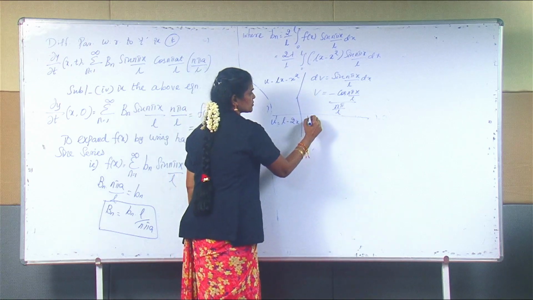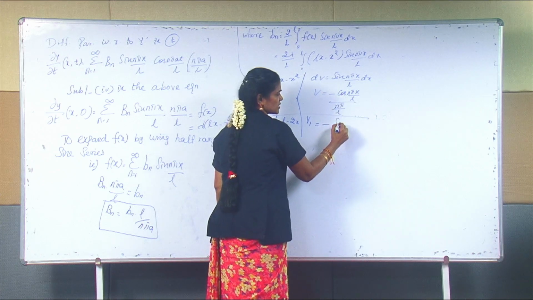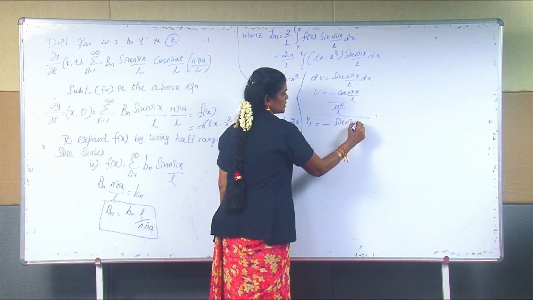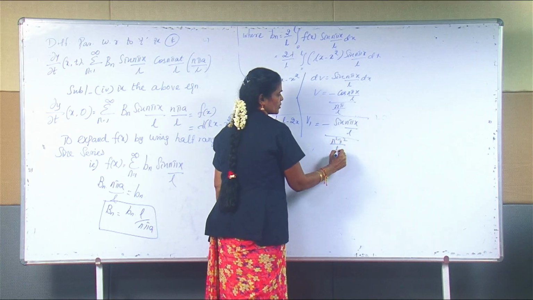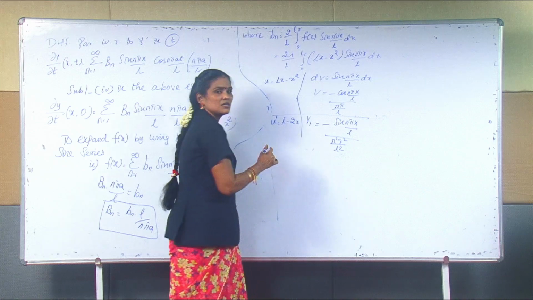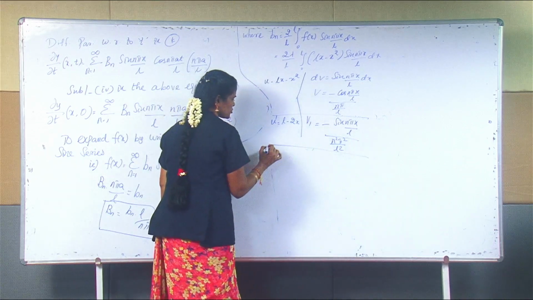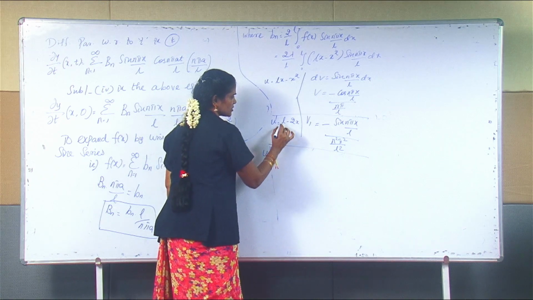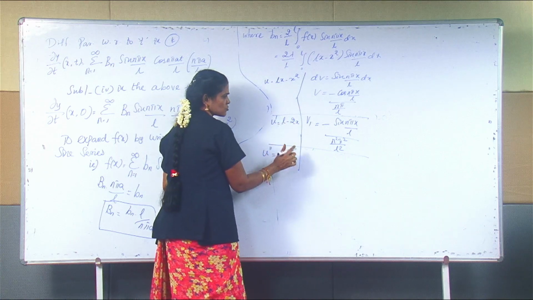Integration of v is v1, and the v1 value is minus integration of cos, which is sin. So sin n pi x by L divided by n square pi square by L square, because already we have n pi by L, so it becomes n square pi square by L square. Next, differentiation of u dash is u double dash. L minus 2x becomes minus 2, L becomes 0, so minus 2.